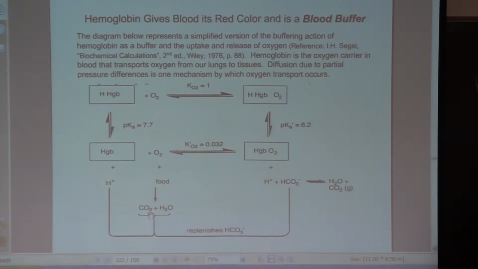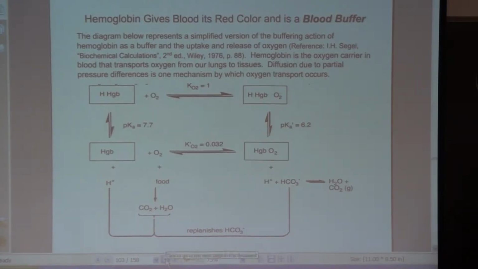The CO2 and H2O, which is formed by eating food, not only produces HCO3 minus, but H plus. And the H plus is going to react with the HGB, the conjugate base of the deoxygenated form of hemoglobin. That's going to reform the HHGB. Okay?